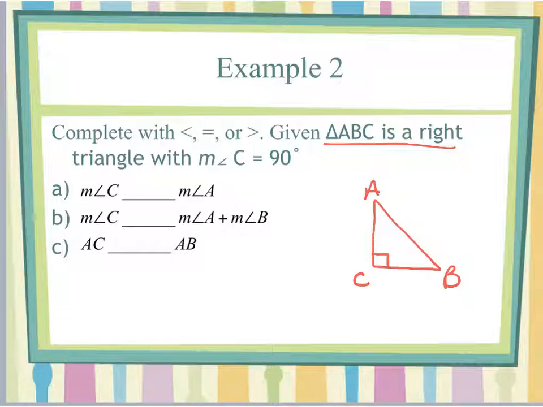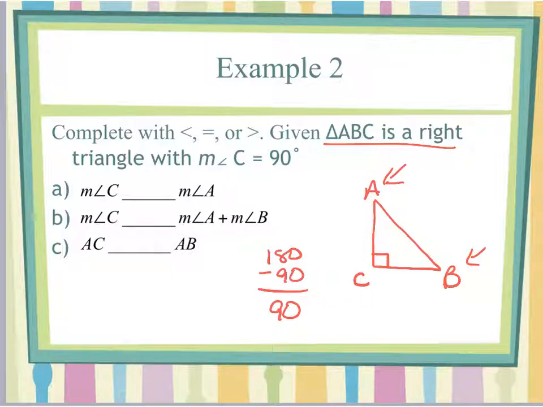Now, what do I know about angles A and B in relation to angle C? They're complements, right? So if I already know that I have one angle, which is angle C, that's 90, I know that what's left over for A and B is 90, because that's a rule that I learned, that the two acute angles of a right triangle are always complements.